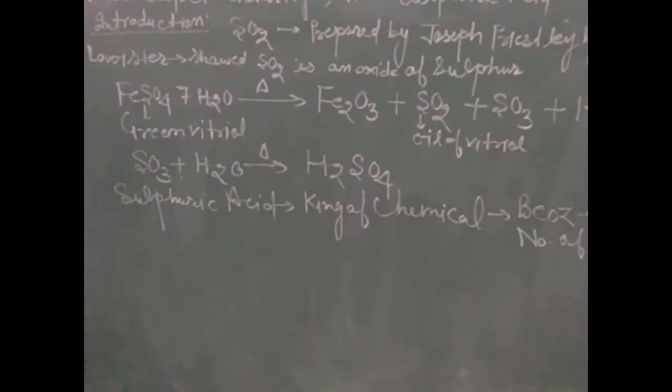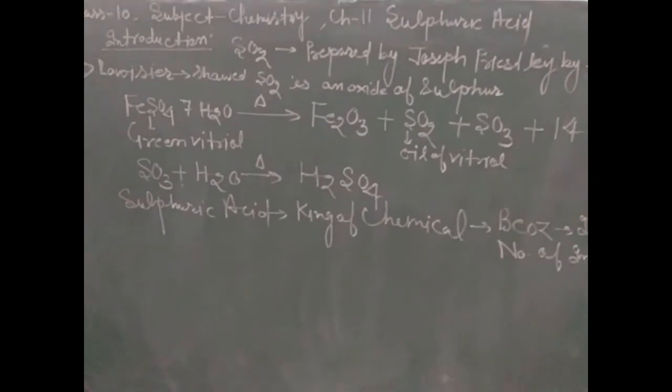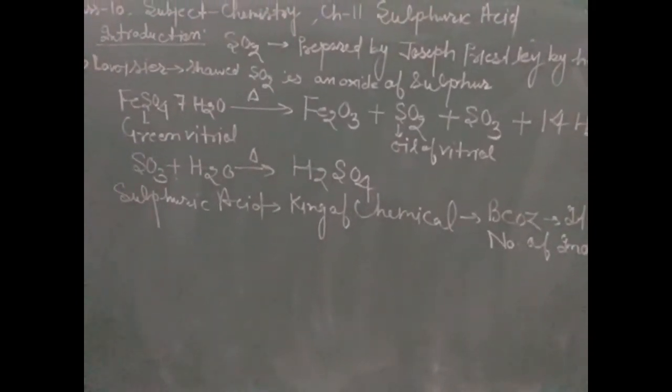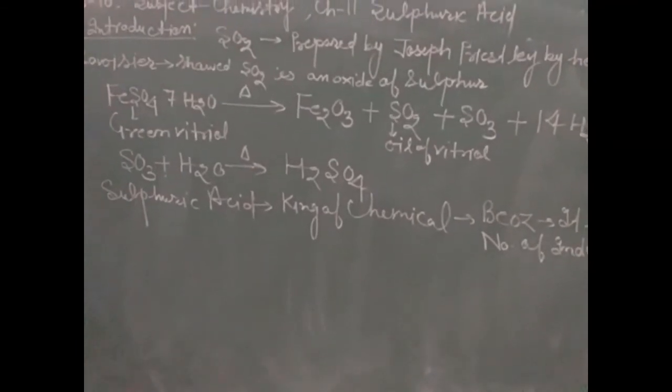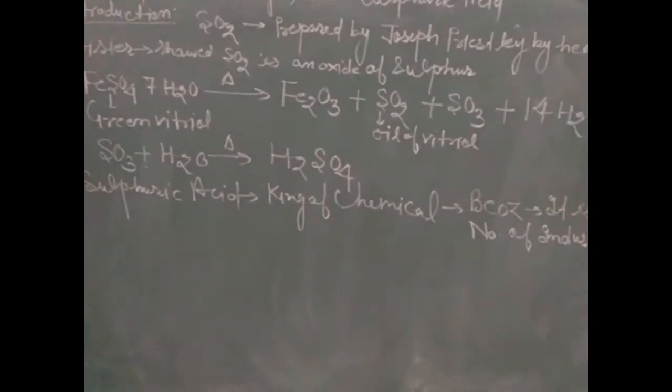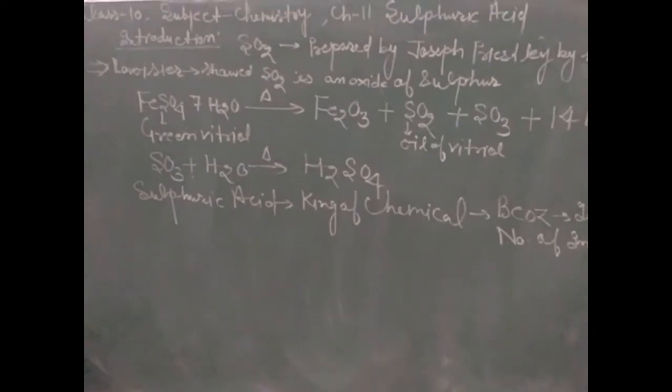Second, Lavoisier showed that sulfur dioxide is an oxide of sulfur, and again after some time it was observed that sulfur dioxide is obtained by heating green vitriol. That's why it is called oil of vitriol.